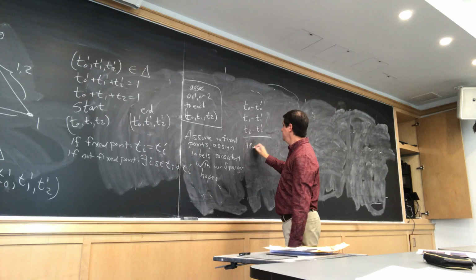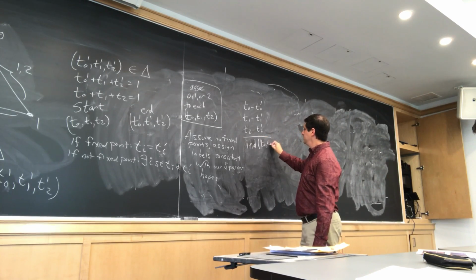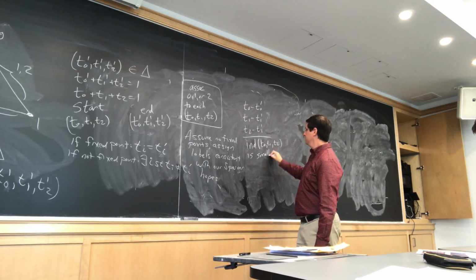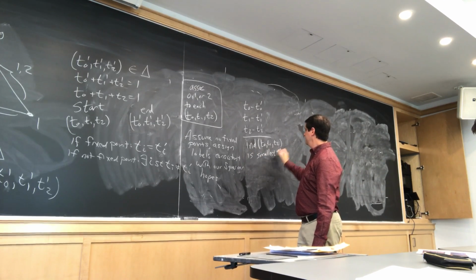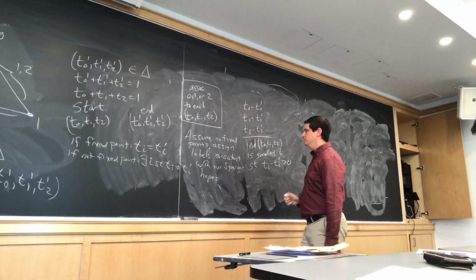So the index of t0, t1, t2 is the smallest i such that ti minus ti prime is greater than 0.